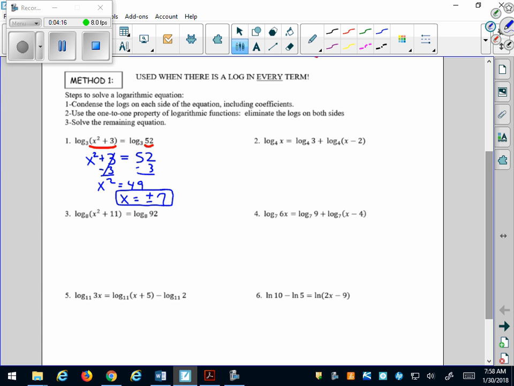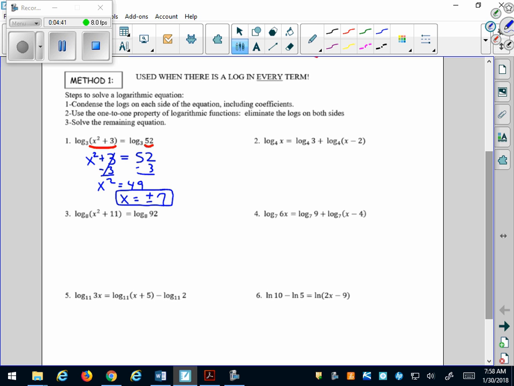That was nice because on each side of the equal sign we had one log written once with the same base on both sides, and so we were able to just cancel out those logs and solve our equation. So we get to number 2, and we don't quite have the same situation because there's a plus sign there. Well, this is where our condensing and expanding is going to help us.